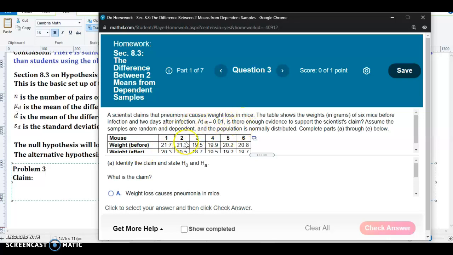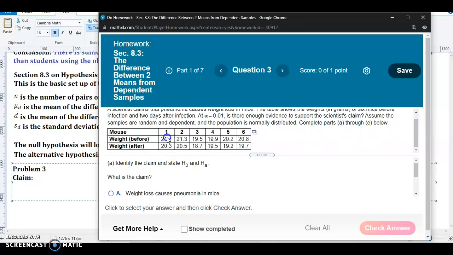This table below shows the weights in grams of 6 mice, before infection, and then 2 days after infection. At a significance level of 0.01, is there enough evidence to support the scientist's claim? And it says, assume the samples are random and dependent.